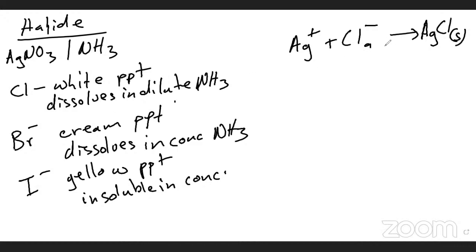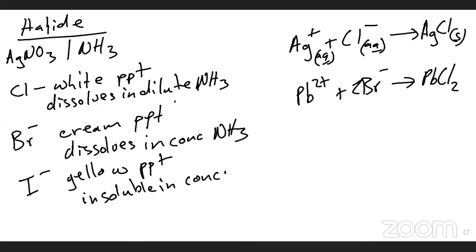So for these observations, if they ask you for the ionic equation, this is what you do: the halide ion with the silver ion. If they give you lead nitrate instead of silver nitrate, it is the same thing. These halide ions will combine with the lead ion, and you will get PbCl2, which is a solid.